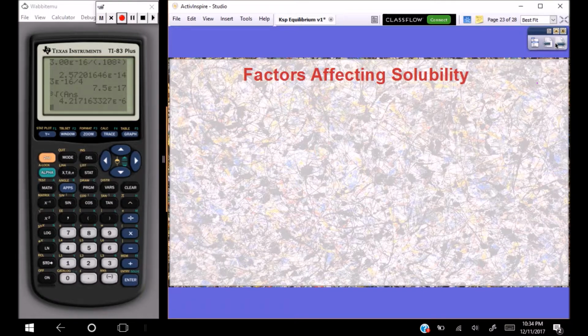All right. Next factor, pH and solubility. So solubility can be pH dependent. So we have to remember what pH is. pH is basically the power of hydronium. If we're looking at pH, a couple things to remind ourselves. pH is equal to negative log of H plus.